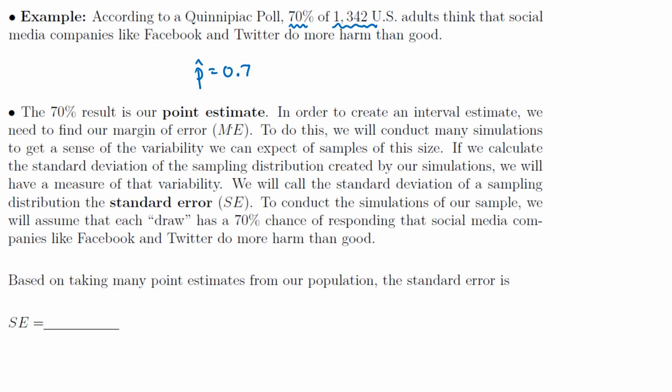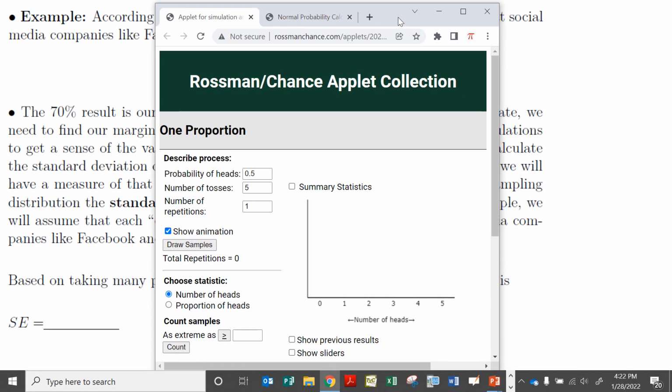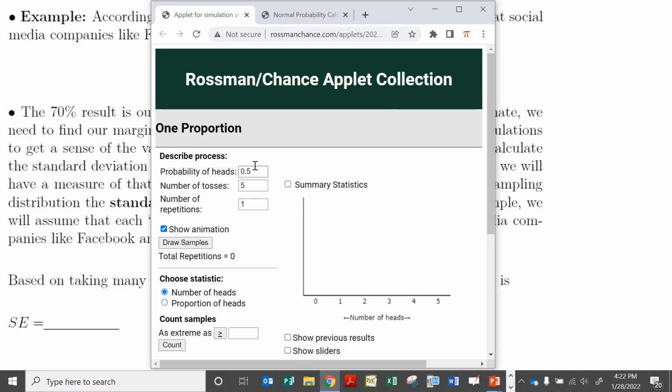So what I want to do is get a sense for how much natural random variation we would expect when we take samples of 1,342 and ask them this question. So we're going to go back to our simulator that we've used a lot to get a sense for this. In our case, we got 70% as a sample statistic, as a point estimate, so I'm going to put that in here.